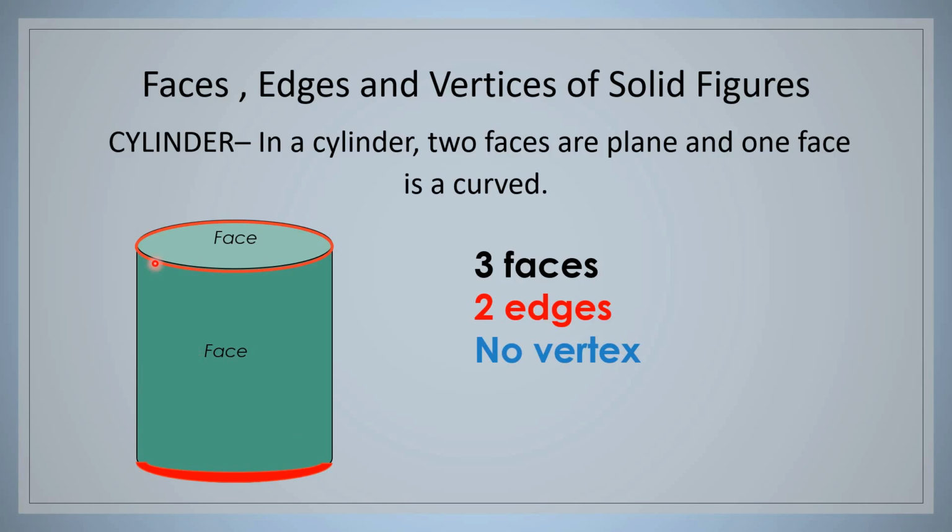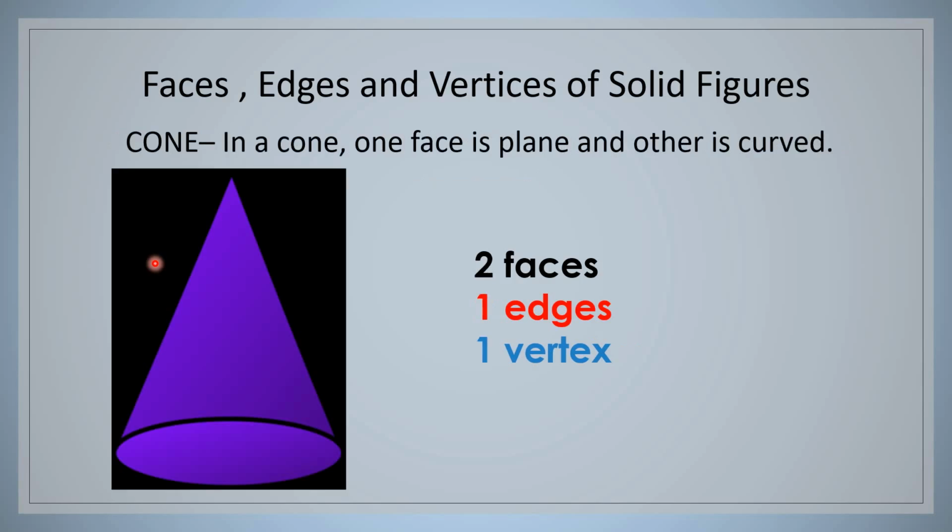There are no points where two edges are meeting, so there is no vertex in a cylinder. So remember, three faces, two edges and no vertex. Singular form is vertex and plural form is vertices.